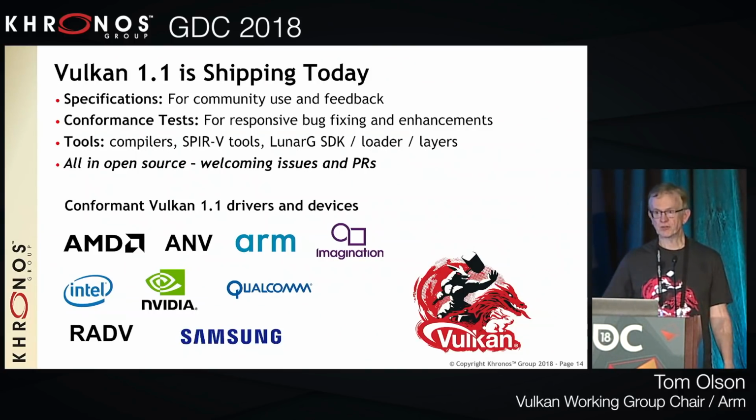You can raise issues if you see bugs or just find them confusing. You can do pull requests against them, and we look at all of those. Conformance tests similarly are out as of two weekends ago, I think. And the whole tool chain, David will talk about the SPIR-V side of it, but GLSlang is on GitHub, DXC is on GitHub, the LunarG SDK, loaders, validation layers, etc.